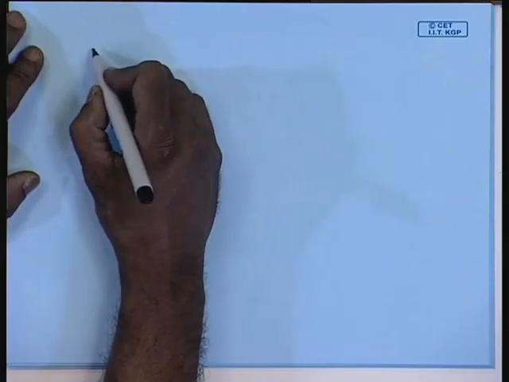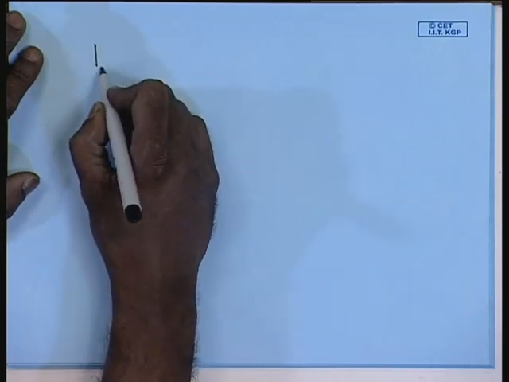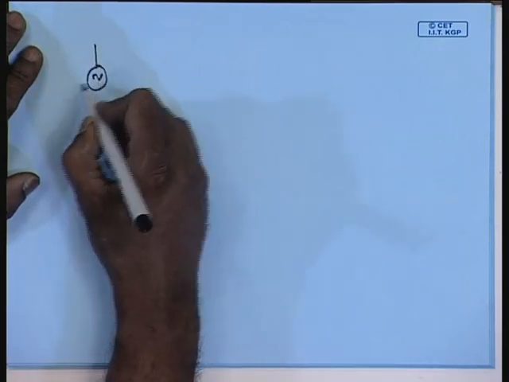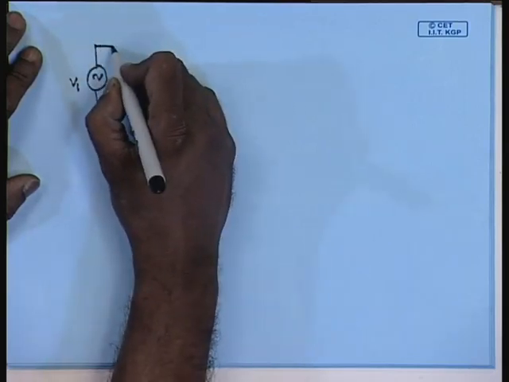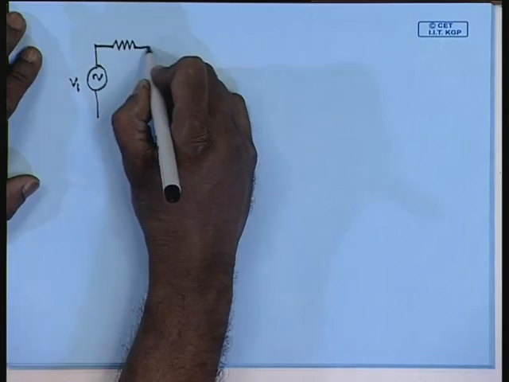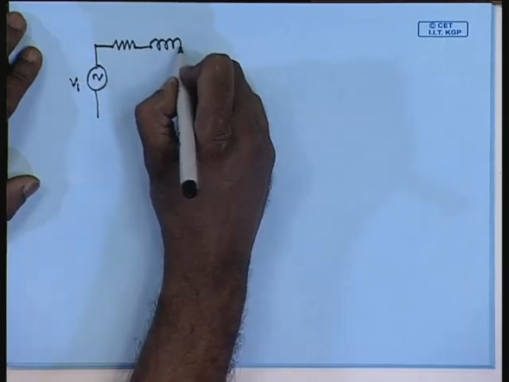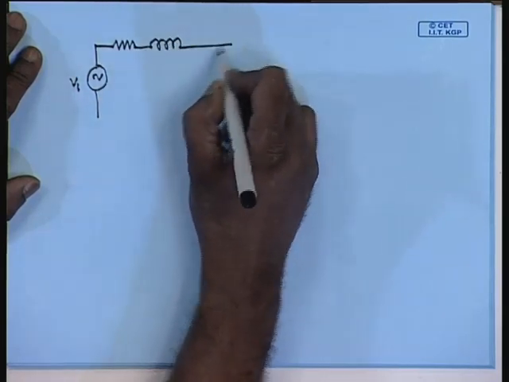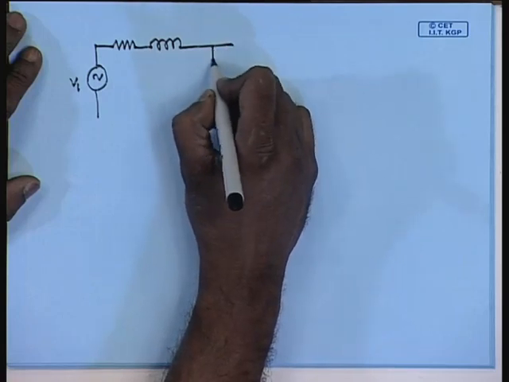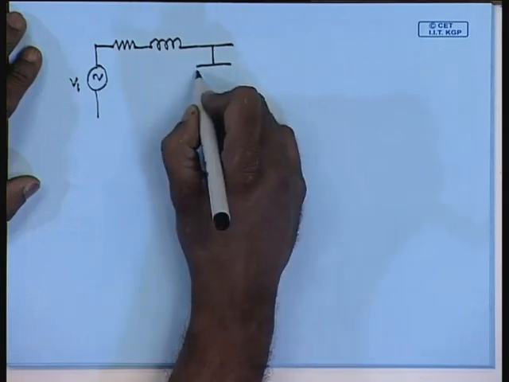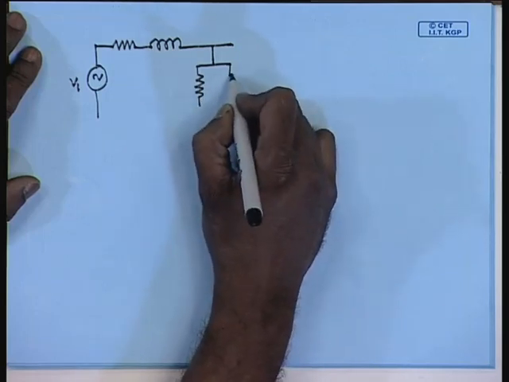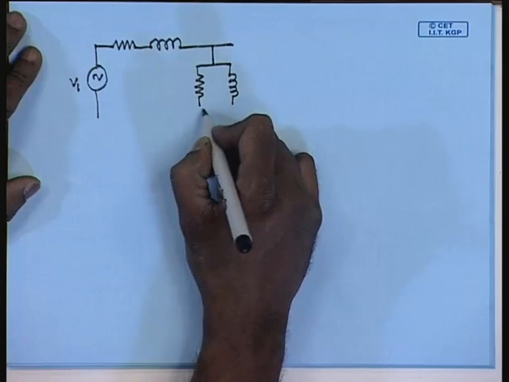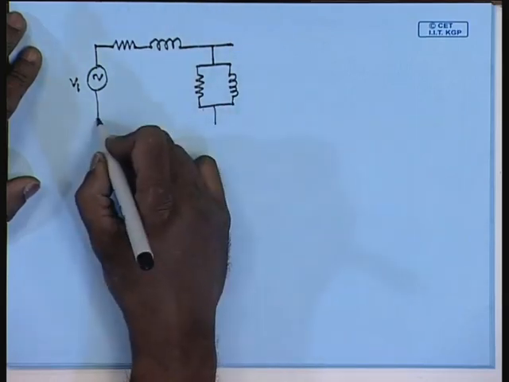The equivalent circuit referred to primary will look like this. The elements on the primary side do not change. So, they retain their value.